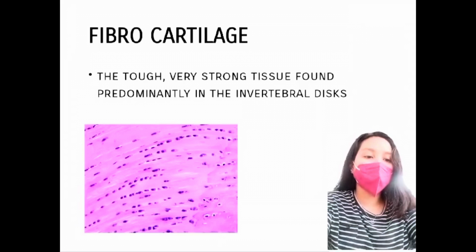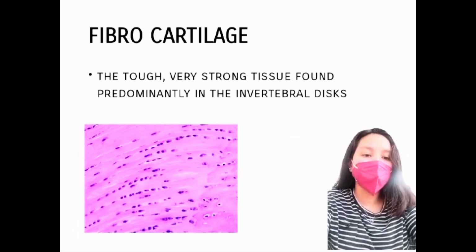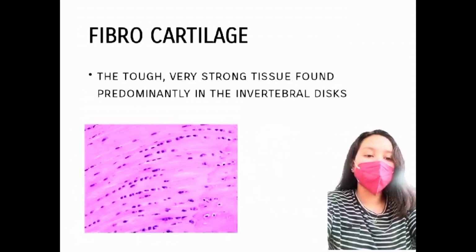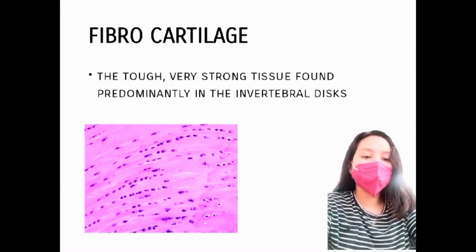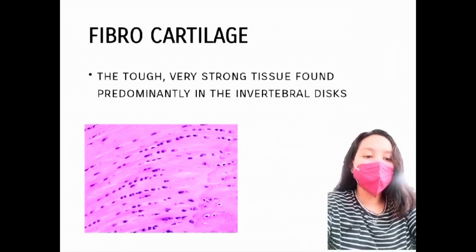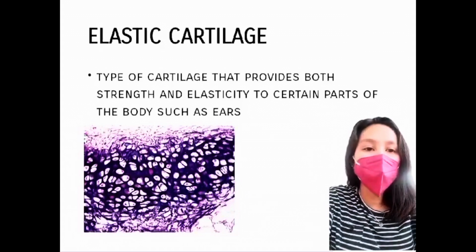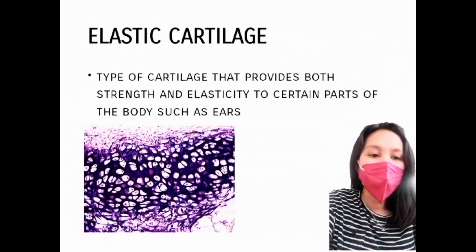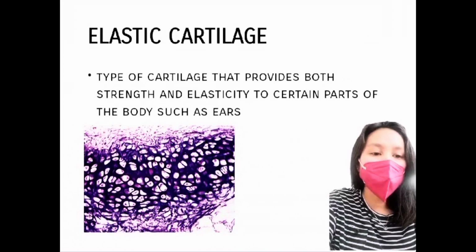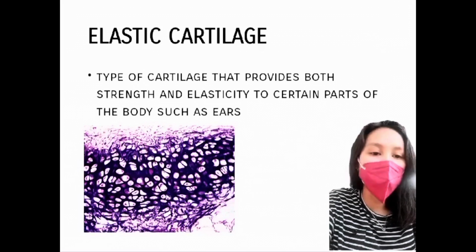Fibrocartilage is the tough, very strong tissue found predominantly in the intervertebral disc and the insertions of ligaments and tendons. It is similar to other fibrous tissue but contains cartilage, ground substance, and chondrocytes. Lastly is the elastic cartilage, sometimes referred to as yellow fibrocartilage.